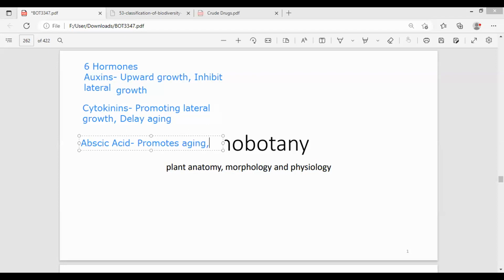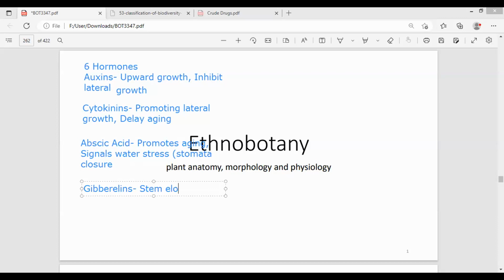Number 2, it signals water stress, so it has a role with stomata closure to avoid water loss. Then the other hormone we mentioned was the gibberellins. What did we say about gibberellins?